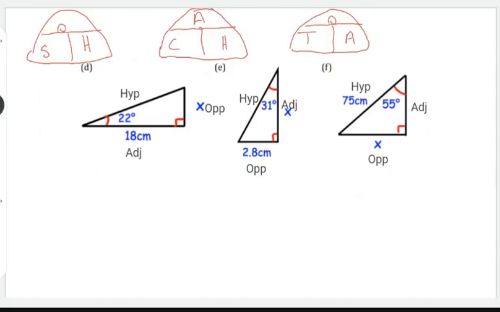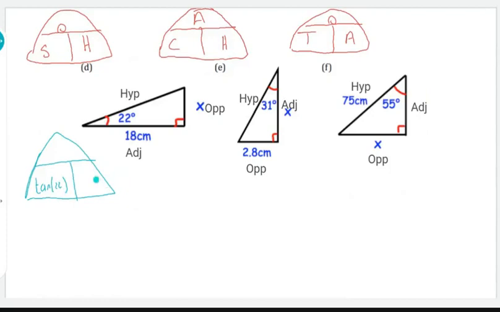So, first one, we've got the adjacent as 18 centimeters, and we've got the opposite as x. So, which one uses O and A? That's TOA. In our TOA triangle, we've got T, which stands for tan 22.